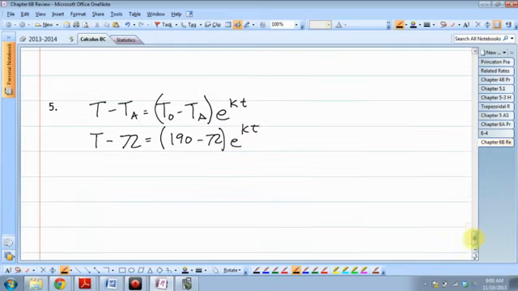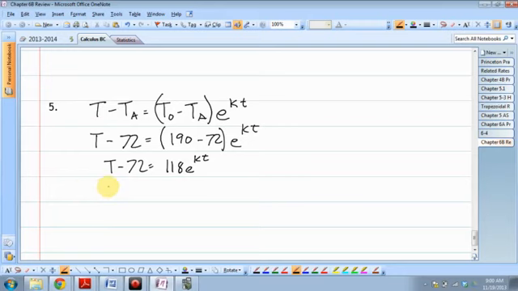Okay. 120, is that 118? Yes, 118 e to the KT. Oh yeah, T is 120 when t is 12.